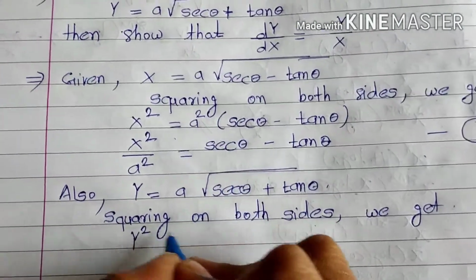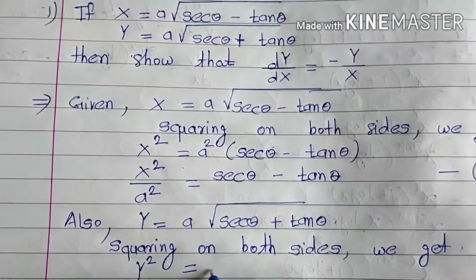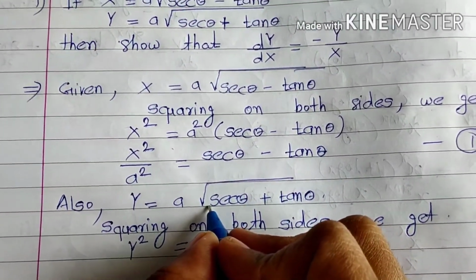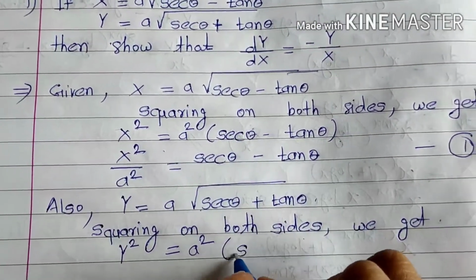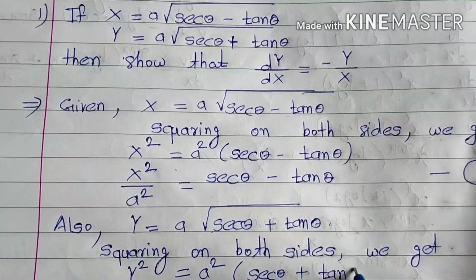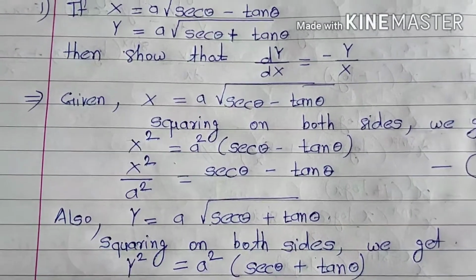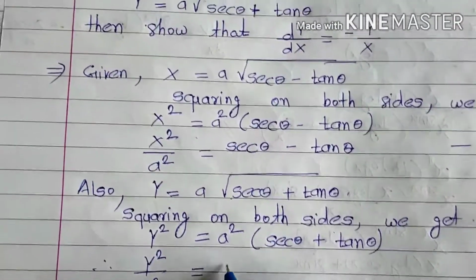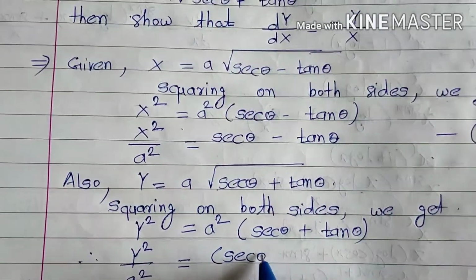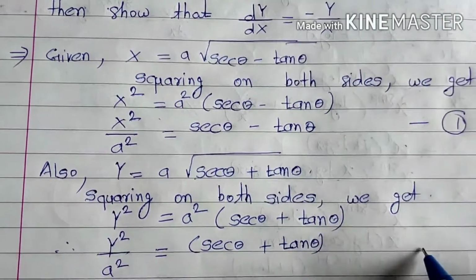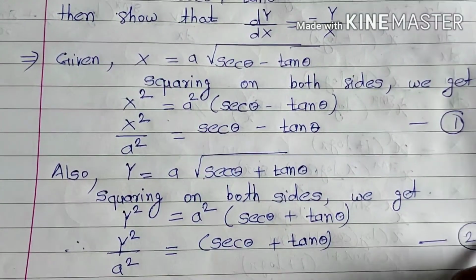After squaring we get y square is equal to a square, and the square root gets cancelled, so we get only sec theta plus tan theta. Therefore y square upon a square is equal to sec theta plus tan theta. Now call it equation 2.